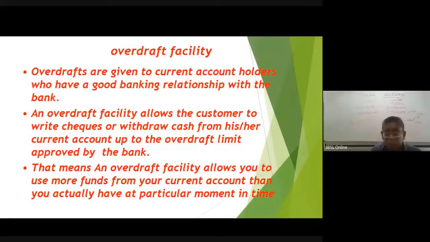The checks you have given are not covered by enough money. Then the bank manager will look at your creditworthiness and the relationship with the customer. So the bank will initiate an overdraft for a customer without his requesting it. That is purely on the decision of the manager.